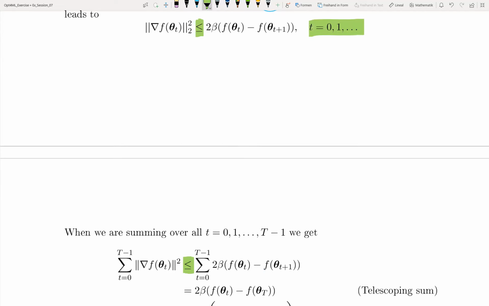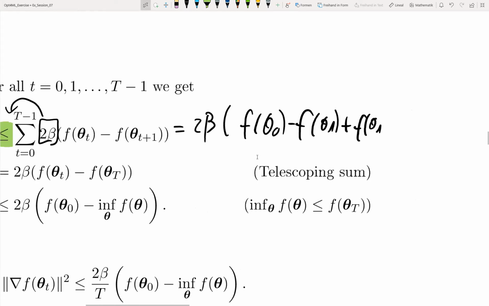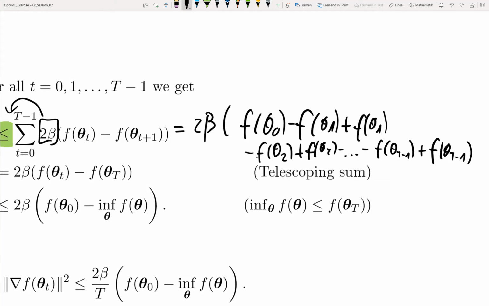We have f theta 0 minus f theta 1 plus f theta 1, and you know what's happening right now, minus f theta 2 plus f theta 2, and so on, until we have plus f theta t minus 1, and then the very last summand is plus f theta t minus 1 minus f theta t.